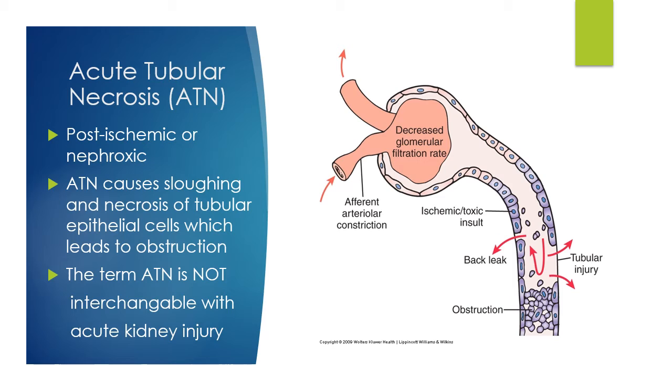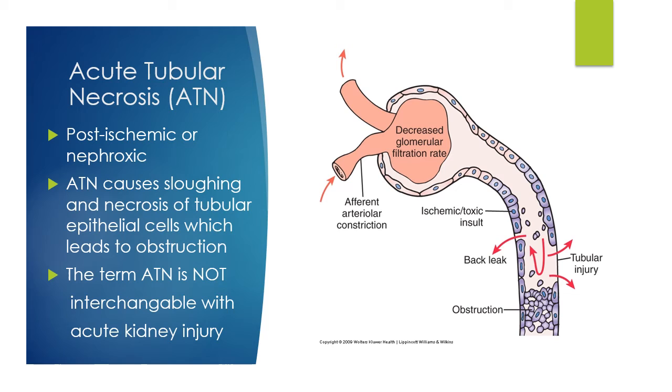So post-ischemic ATN involves persistent hypotension, hypoperfusion, hypoxemia that produces ischemia with a loss of antioxidant protection that causes the cell to swell and to cause injury and necrosis.